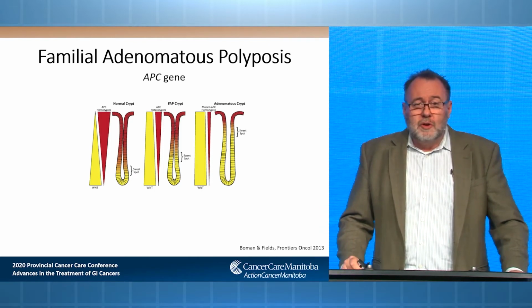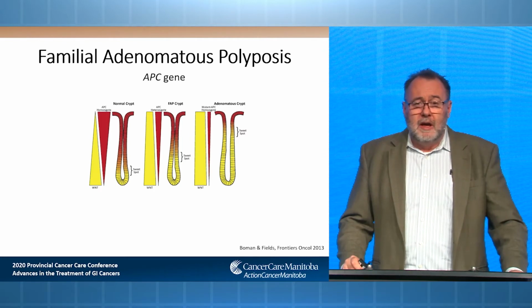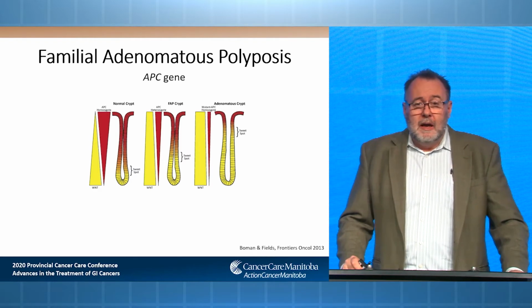Losing 1 or 2 copies of this APC gene induces an abnormal growth pattern within the crypts of the colon. The crypts is where the stem cells of the colonic epithelial reside. And the wingless signaling pathway is typically restricted to the base of the crypt, shown here on the left.